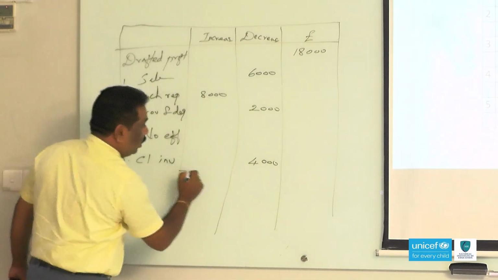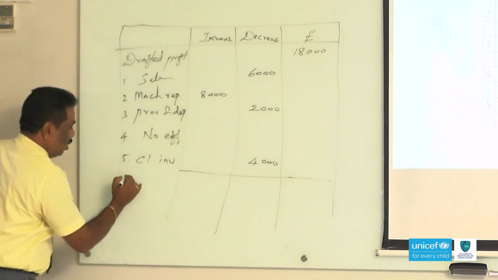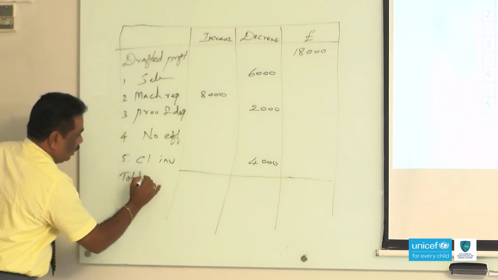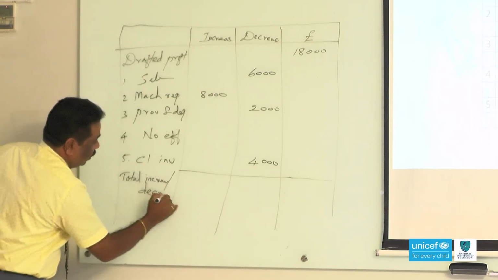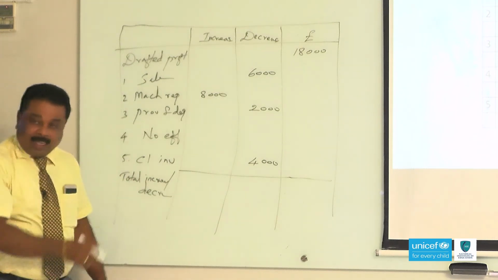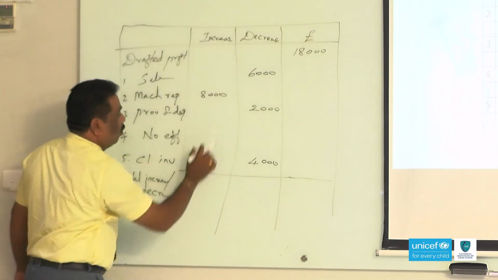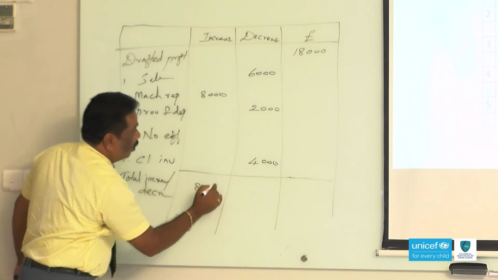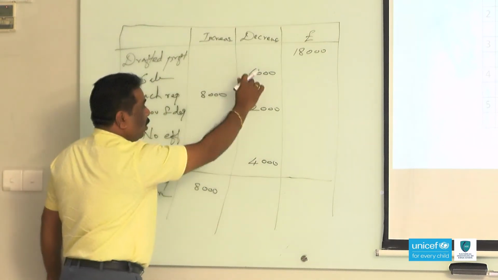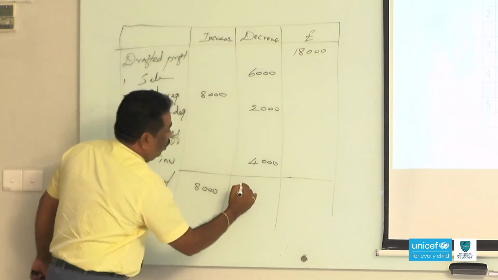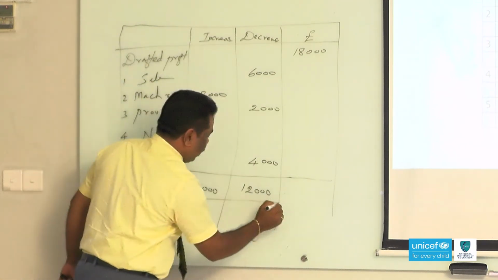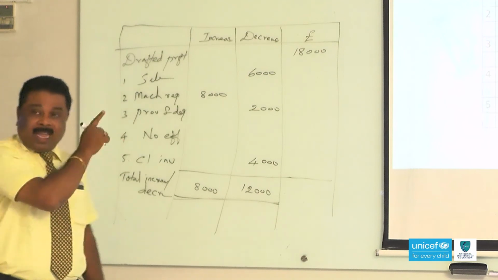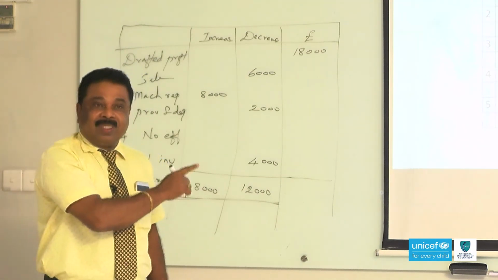Now you can total it. Here you write total increase or decrease. Total the amount: increase column 8,000. Decrease column 6 plus 2 plus 4, 12,000. So this is the total effect of these errors.